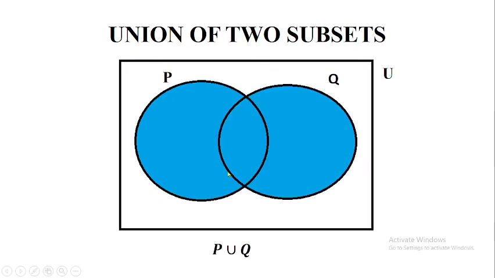Also, we are still talking about the components of the Venn diagram. Now look at the diagram you see on the screen right now. You are talking about the union of two subsets in a Venn diagram.